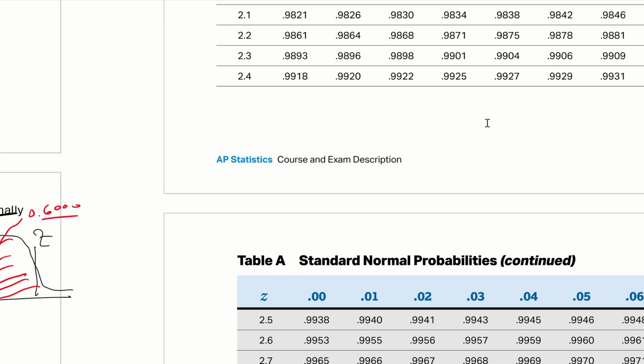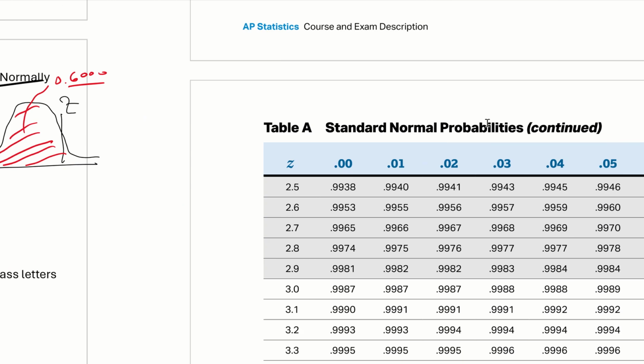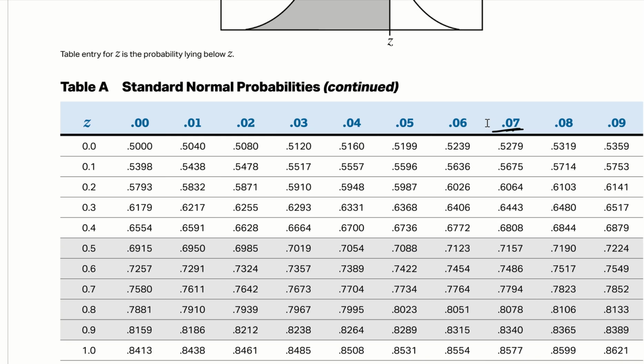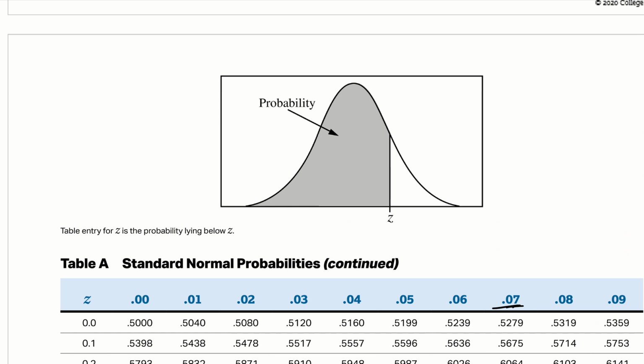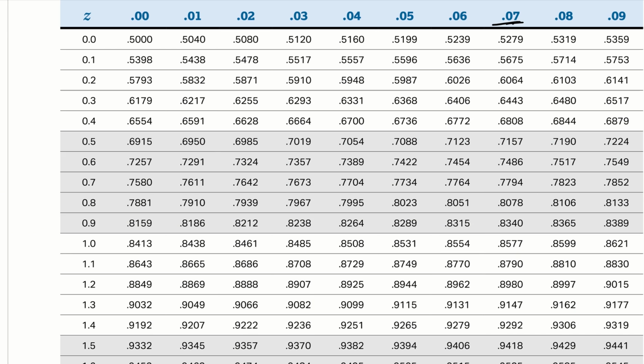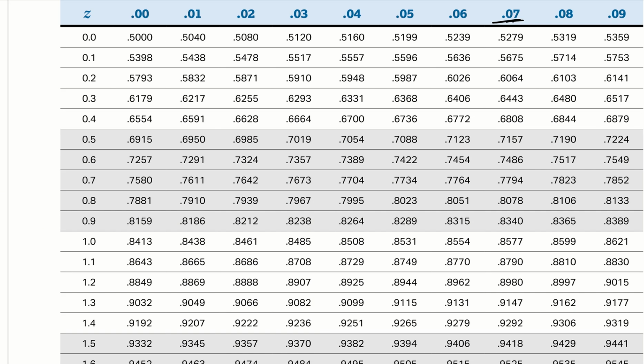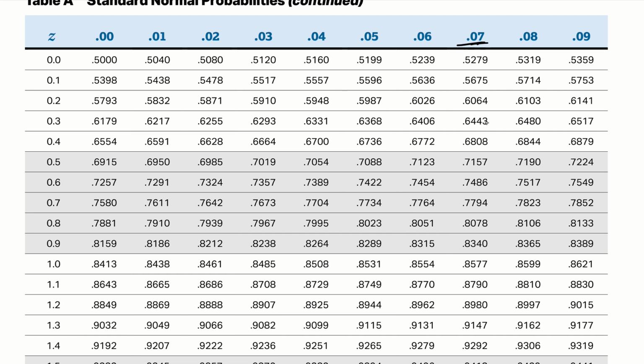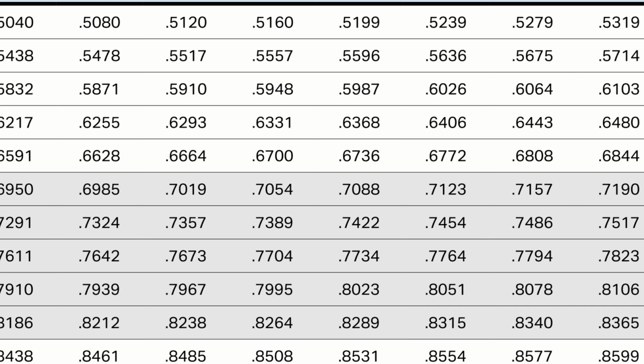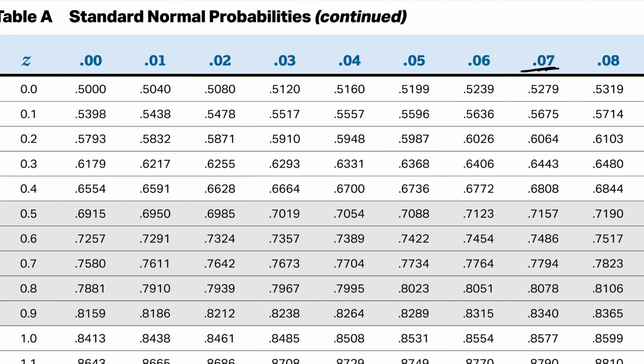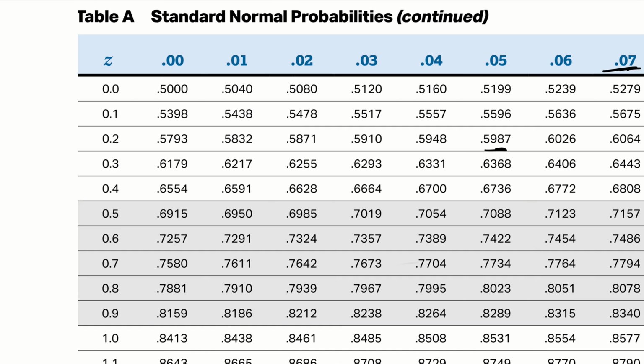So we're looking for an area of 0.6000 to the left, and then we're finding the z-score from that. So what's the closest thing to that? Well, this is 0.5987, 0.6026. 0.5987 is closer. That's the closest to 0.6000.